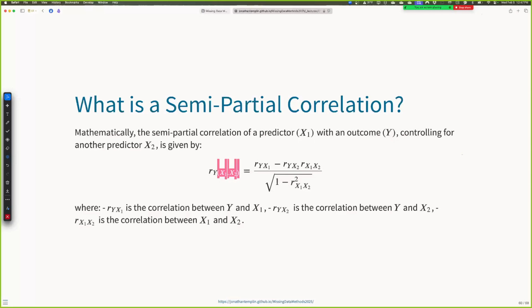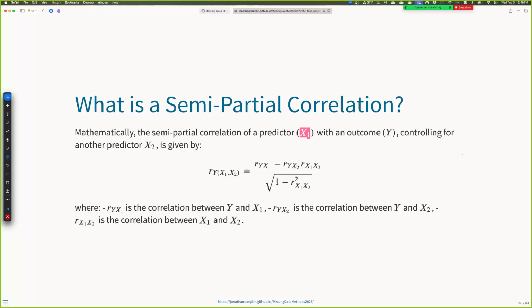So what does this tell us? It tells us things like this. If we were to create a regression where y was being predicted by x2, and then we wanted to think about adding x1 to that analysis, this semi-partial correlation would tell us whether or not that regression coefficient would be bigger than zero. Basically, after we control for predicting y with x2, does x1 help us in our prediction more than just x2 by itself?